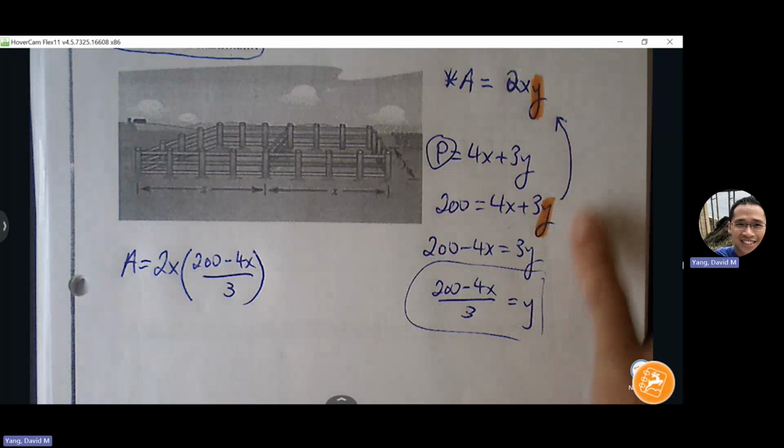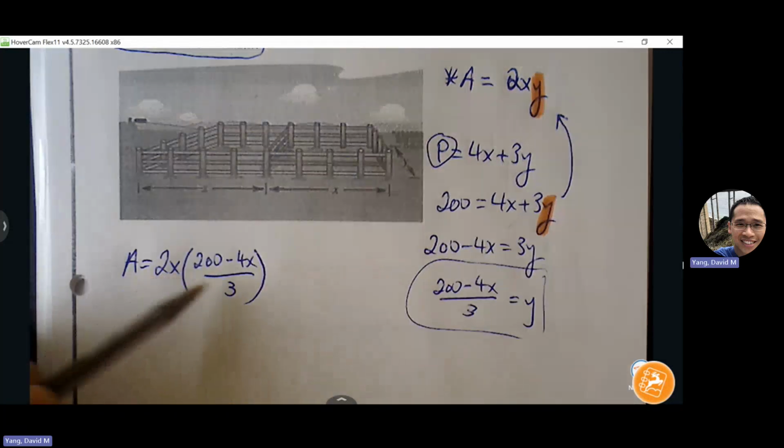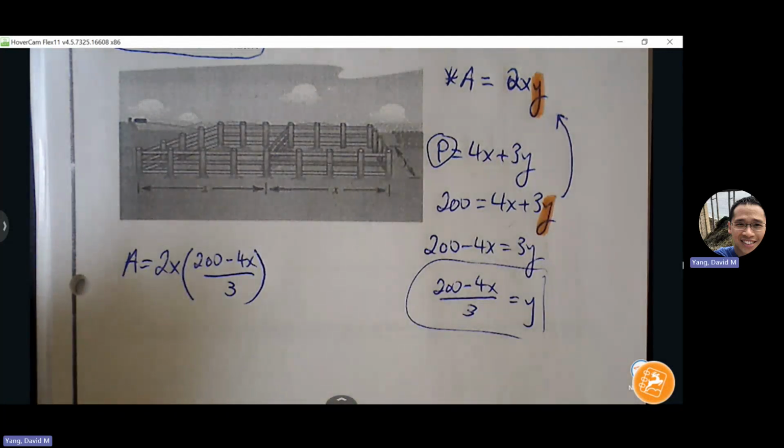Everybody comfortable with that process of algebraically moving things around to get it to the variable that we want to use? But why do we find y in terms of x?